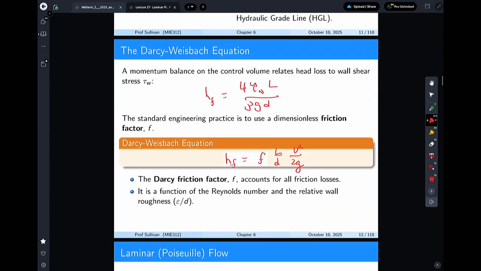So if I do that for a typical pipe flow, which is circular, I'll end up with this relationship for shear at the wall times L rho GD, and then I'll end up with the Darcy-Weisbach equation, which is what I now try to fit for the rest of chapter 6.